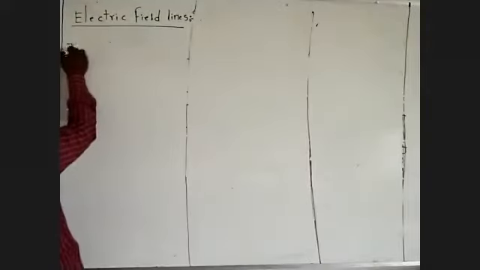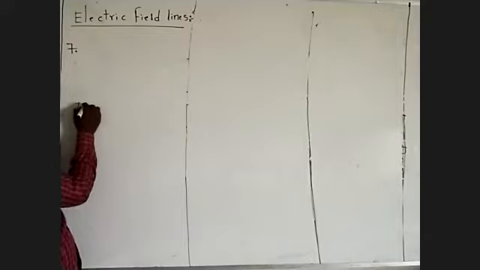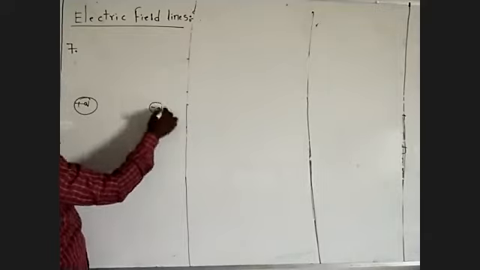Seventh point. So electric field lines: this is a positive charge, this is a negative charge.